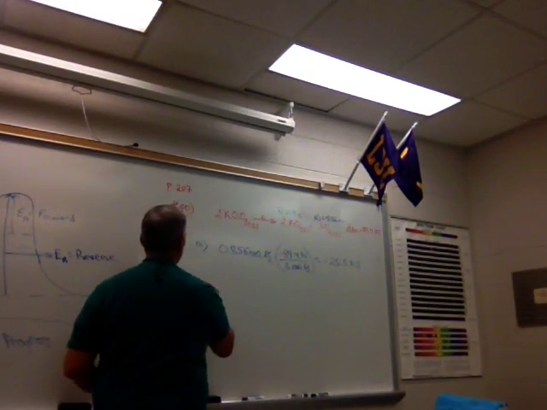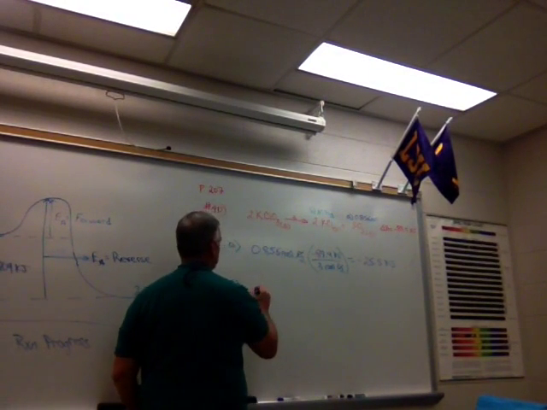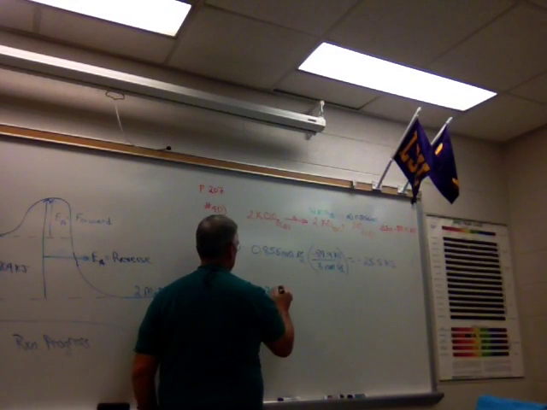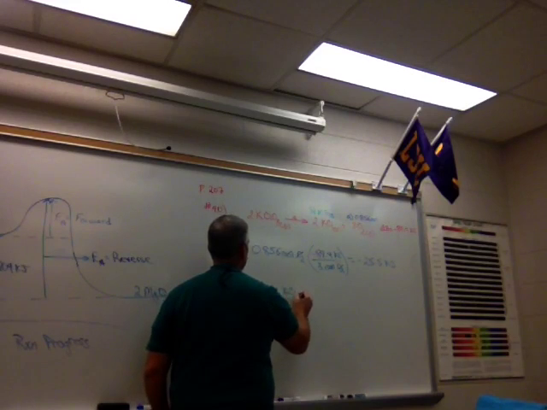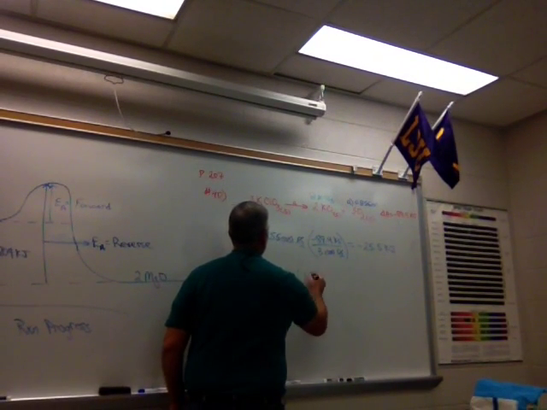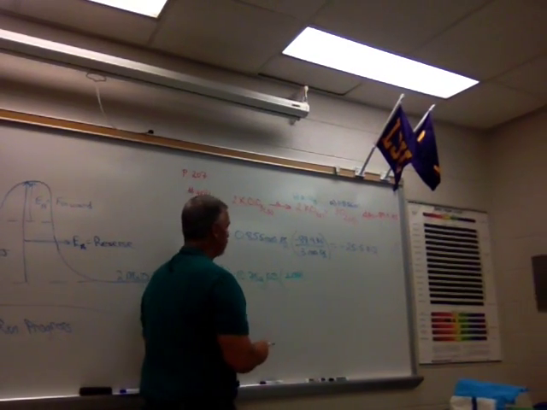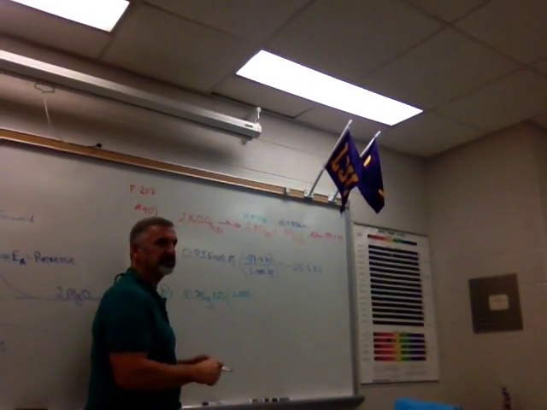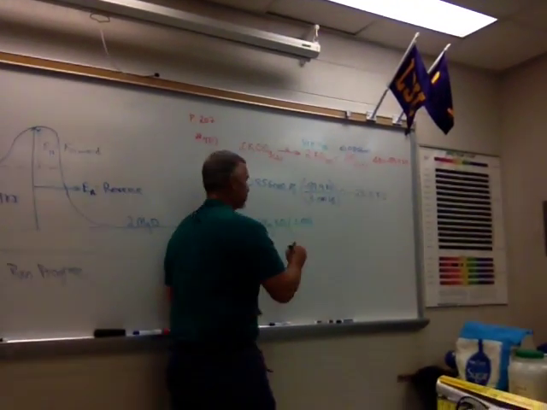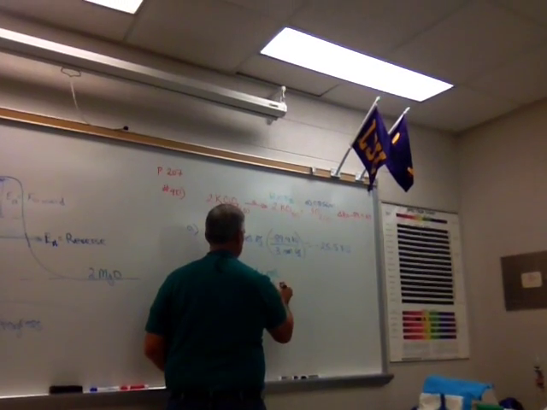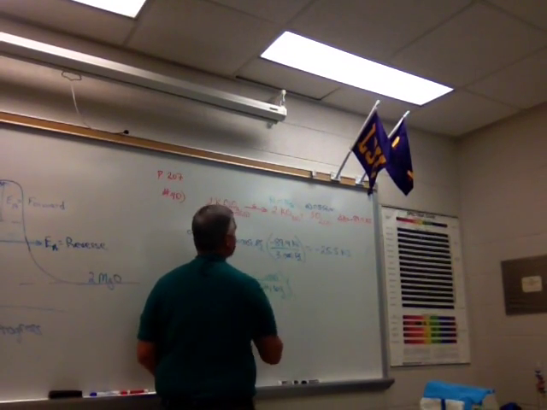is basically the same problem. What's the only extra step we have to do? You've got to convert it to moles. 1 mole is going to be 39.1 plus 35, 74.6. Times, now what?